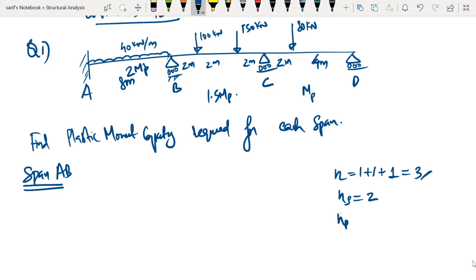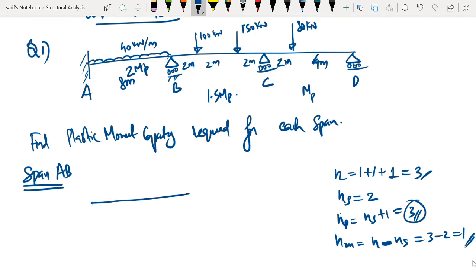So the number of plastic hinges required to form a mechanism will be the degree of static indeterminacy plus 1, that is 3, and the number of independent mechanisms possible will be n minus ns, that is 3 minus 2 equal to 1. So for span AB we require a minimum of 3 plastic hinges to form the mechanism.